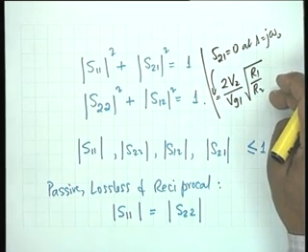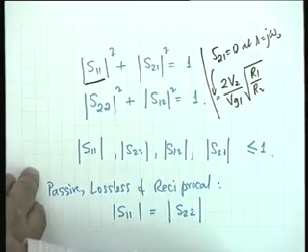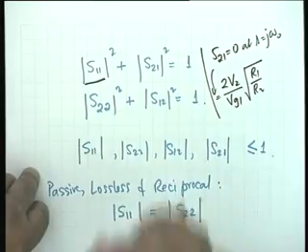Therefore, there is no power that goes out of the network. And it stands to physical reasoning that if no power goes out of the network, all the power must therefore come back to the source. Why? Because the network itself is lossless, it does not absorb any power, and therefore it follows that the magnitude of S11 should be equal to 1.